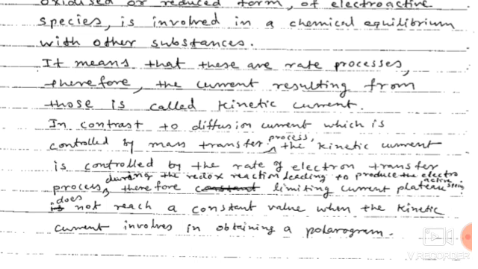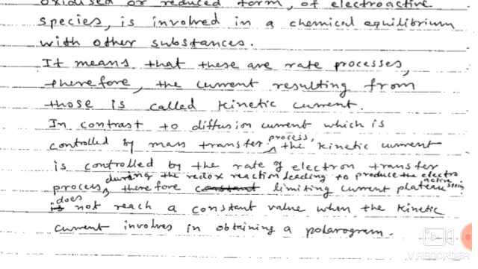In contrast to the diffusion current, which is controlled by the transfer process, the kinetic current is controlled by the rate of the electron transfer process during the redox reaction, leading to the production of the electroactive species. Therefore the limiting current plateau does not reach a constant value when the kinetic current is involved in obtaining a polarogram.